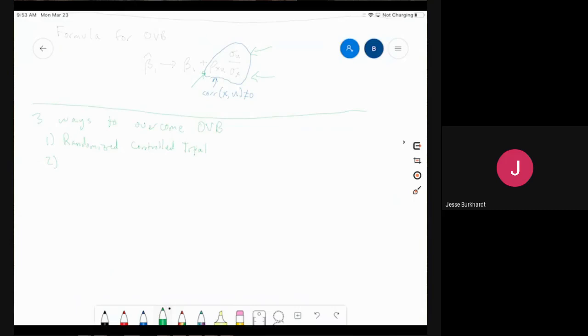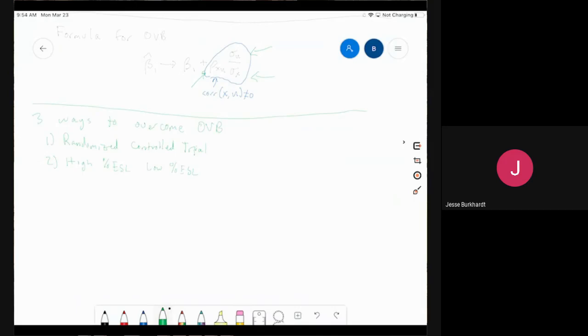Suppose that the only variable we're concerned about, contained in U, is percent ESL. So we could cut up the data into high percent ESL and low percent ESL school districts.